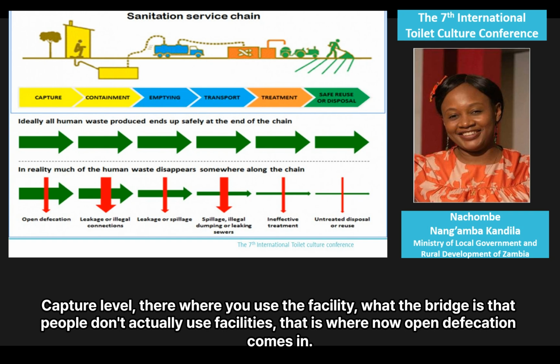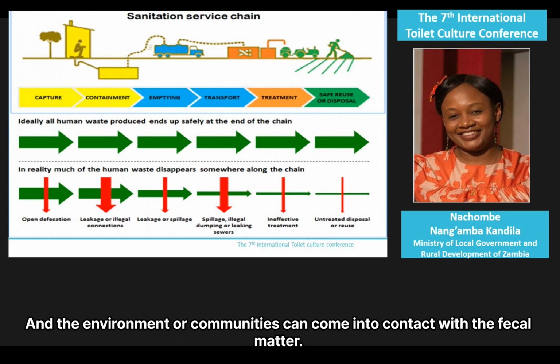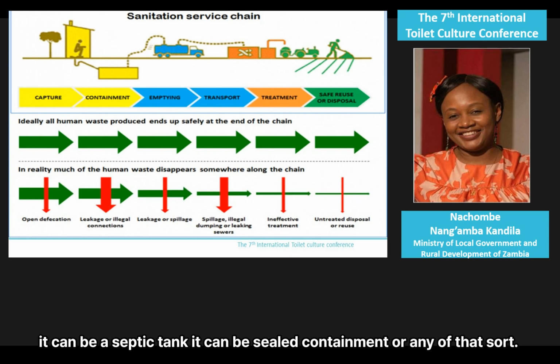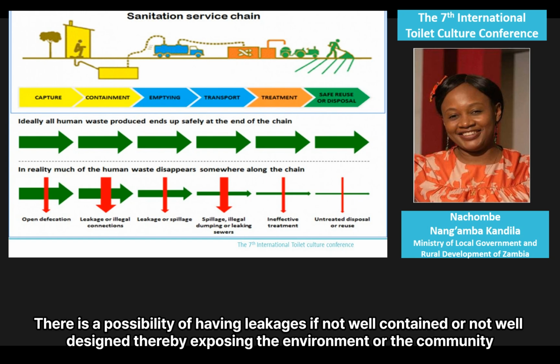That is where open defecation comes in, and the environment or communities can come into contact with the fecal matter. At containment level, it can be a septic tank, a sealed containment or any of that sort. There's a possibility of leakages if not well contained or not well designed, thereby exposing the environment or the community.